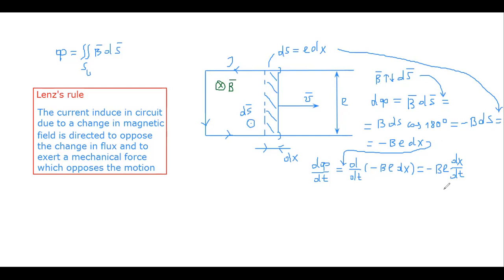And if we remember our first lesson of kinematics, the derivative dx by dt is velocity, the modulus of velocity.